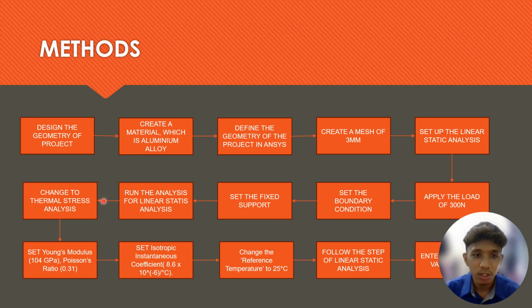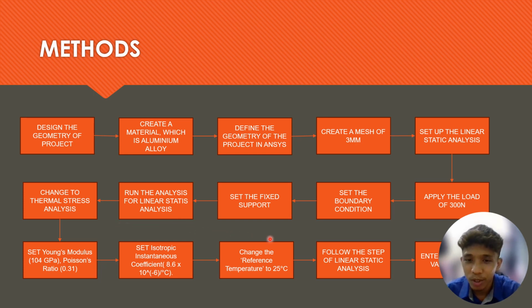After that, we change to thermal stress analysis and set Young's modulus to 104 GPa and Poisson's ratio to 0.31. Then we set the isotropic instantaneous coefficient to 8.6 times 10 to the negative 6 per Celsius. After that, we change the reference temperature to 25 Celsius.